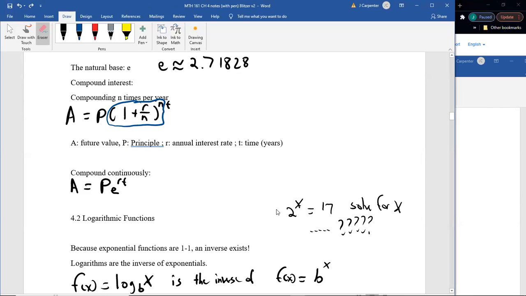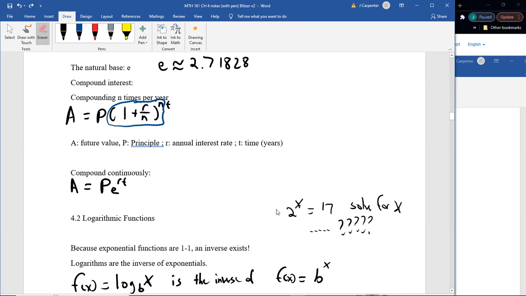There are special cases. If this said 2 to the x equals 16, or 2 to the x equals 8, or 2 to the x equals 4, we could actually just guess the answer by using some logic and reasoning. But 2 to the x equals 17, there is no logic and reasoning to that. Because if you had 2 to the x equals 8, you're just thinking, 2 to what exponent is 8? Well, it's 3, because 2 to the third is 8.